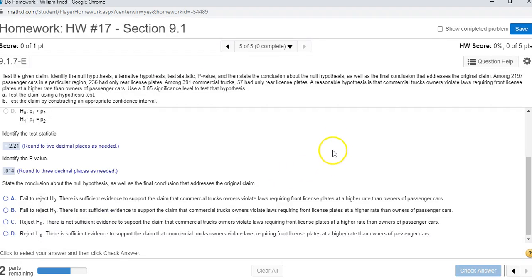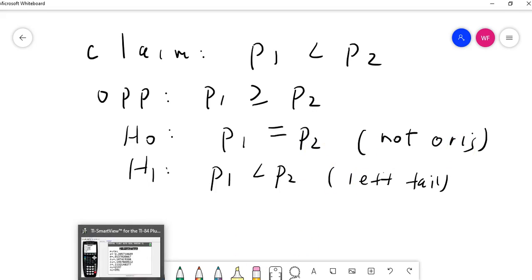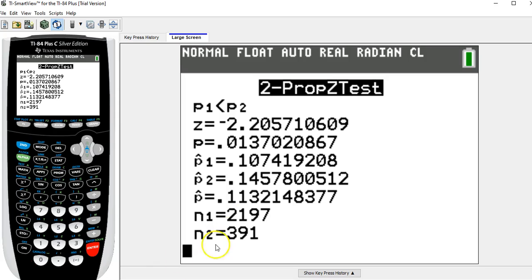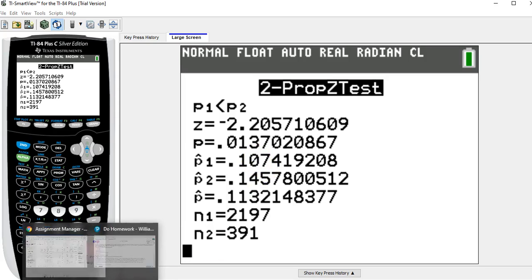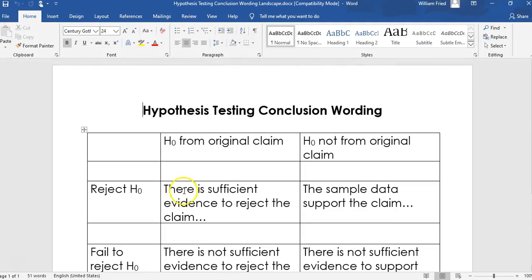Now let's go back to the setup. The null hypothesis was not from the original claim, and the p-value was less than alpha. The p-value was 0.014 and the significance was 0.05. So it was not from the original claim, reject H null.